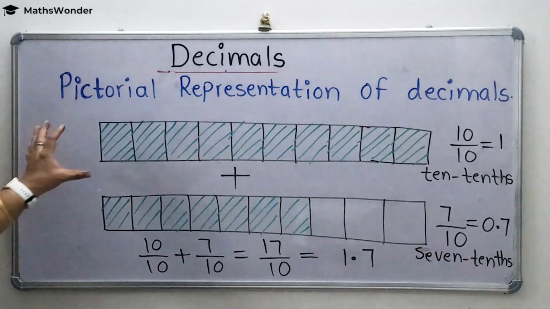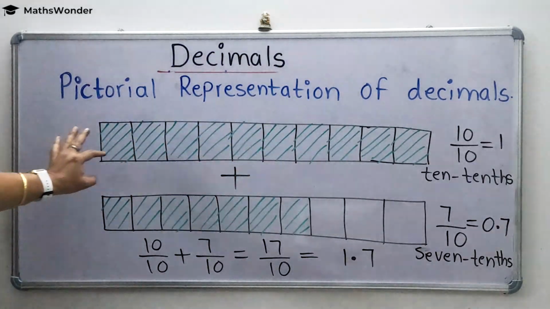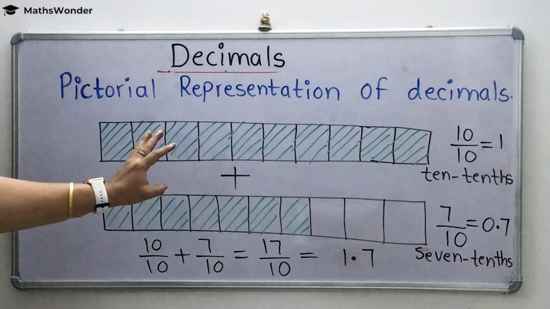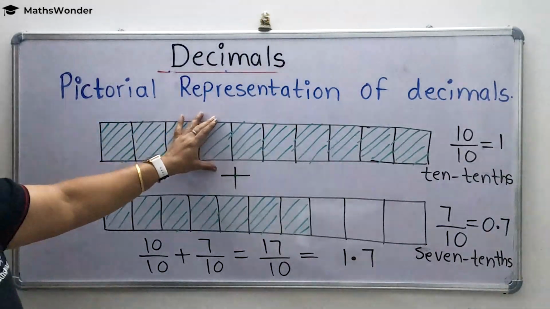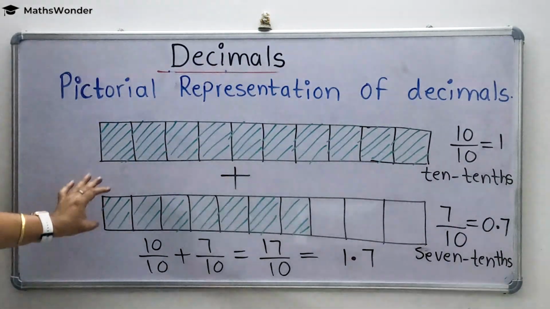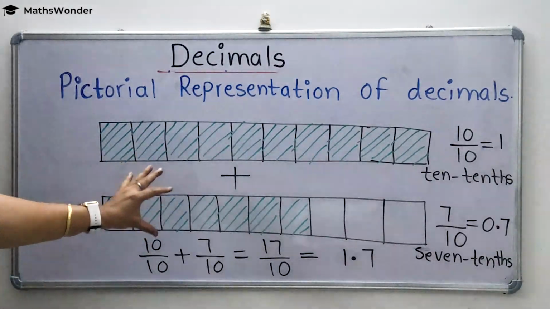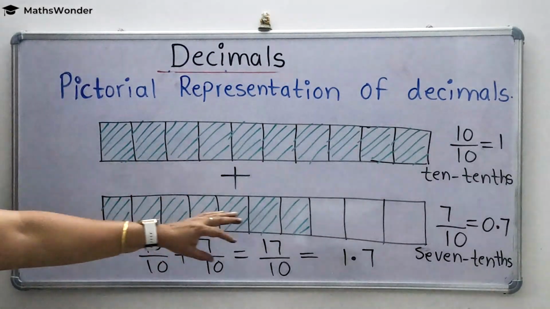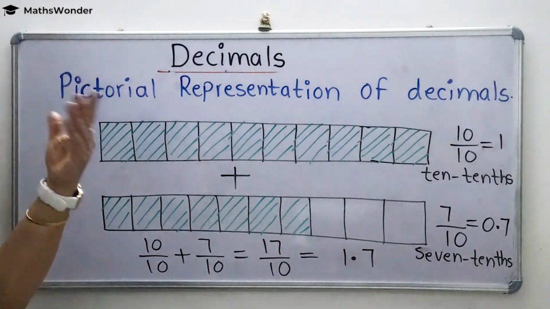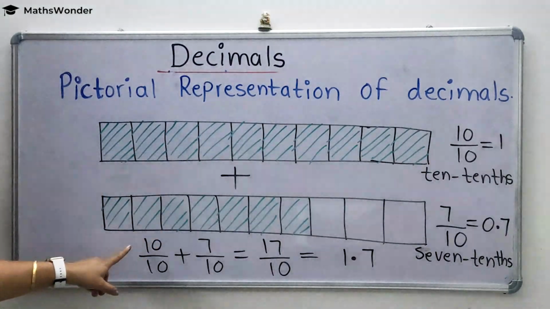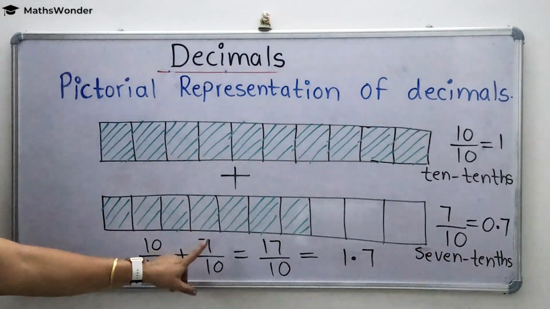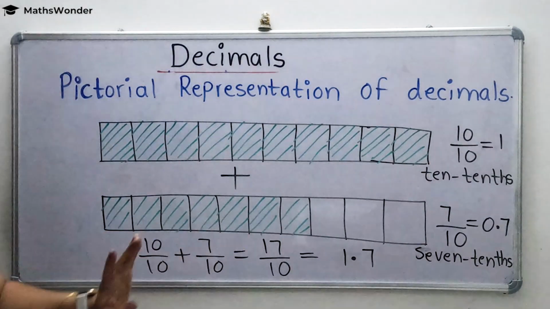So the entirely shaded rectangle represents one complete part, and the second rectangle with 7 shaded boxes represents 7/10. When you add with fractions, you write 10 over 10 plus 7 over 10, which is 17 over 10, right?